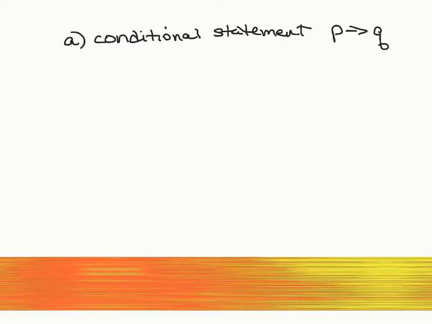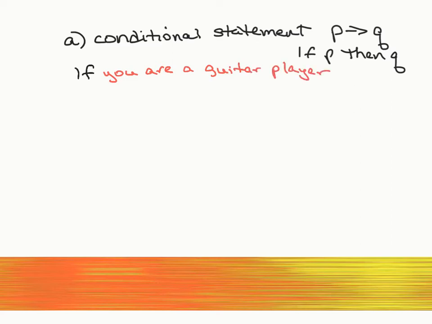So again, it's written as if P, then Q. On the previous slide, I had highlighted the P, so if you are a guitar player, then, and now the conclusion, you are a musician.